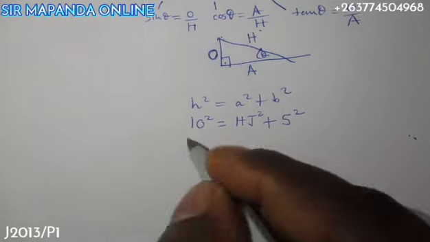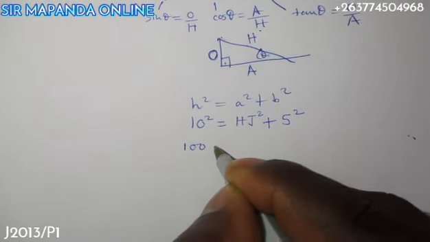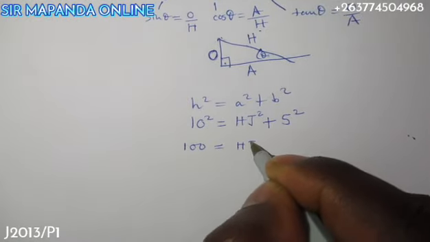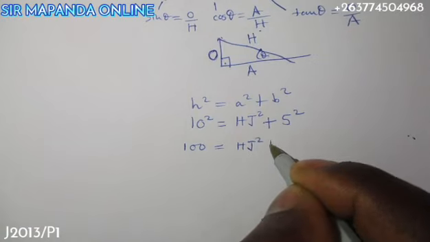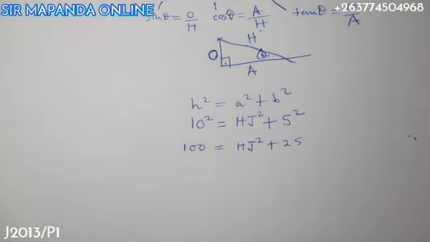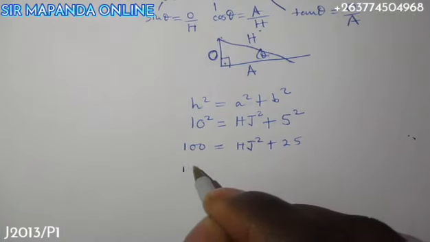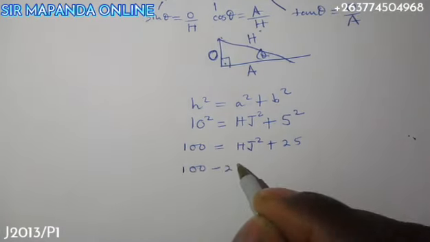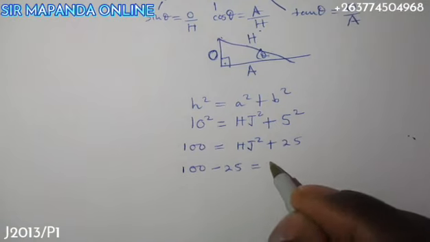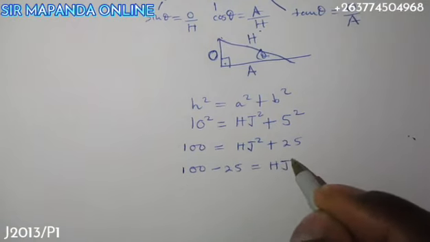So 10 squared gives you 100, equal to HJ squared plus 5 squared. 5 squared is equal to 25. Then you move 25 to the left. You get 100 minus 25 is equal to HJ squared.